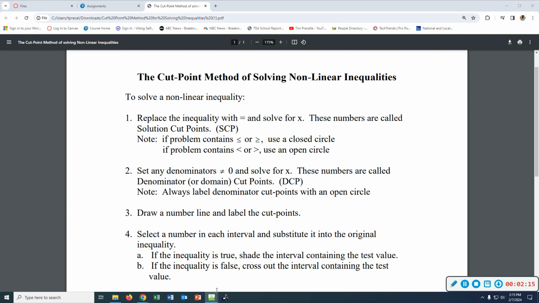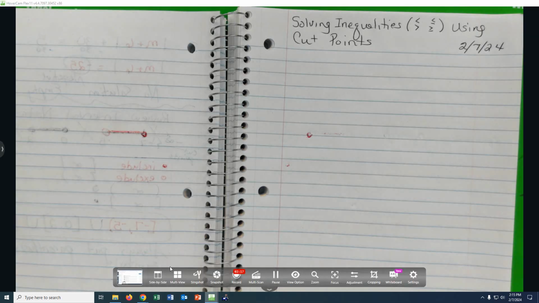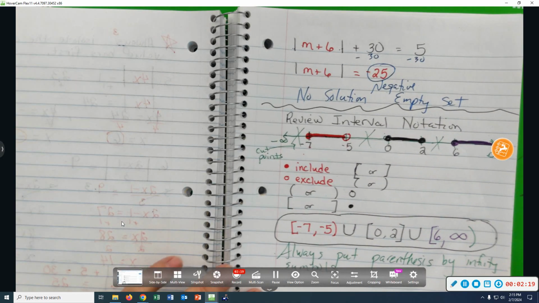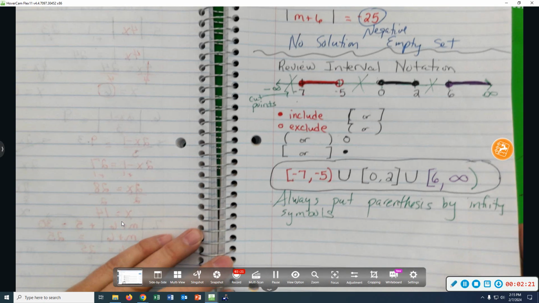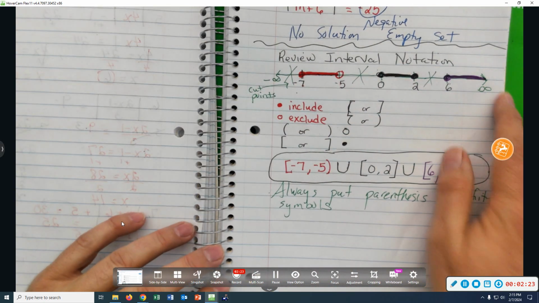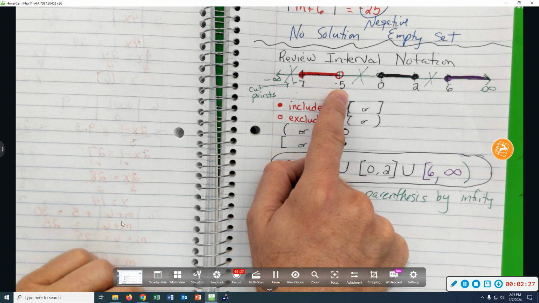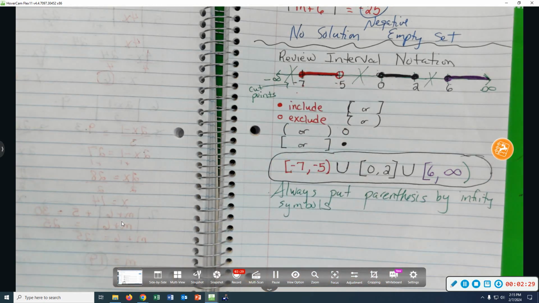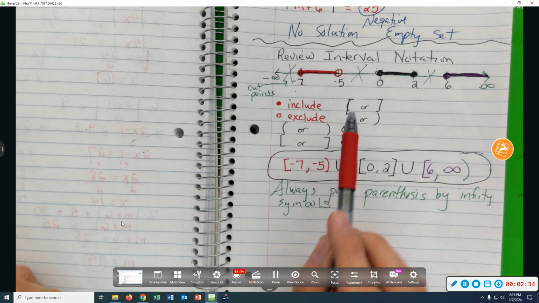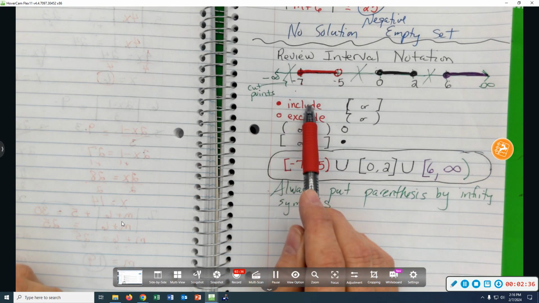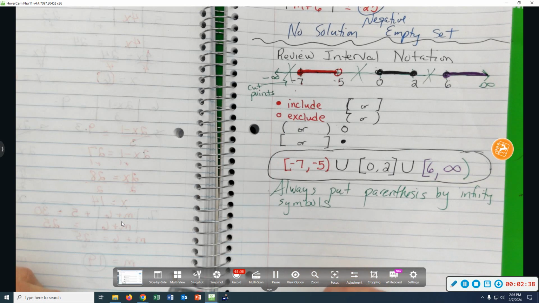And let's get back to the end of class the last time. We were reviewing interval notation. Like here on this number line, I have all the numbers between -7 and -5 shaded red. And y'all remember, the closed dot means include, the open circle means not including.